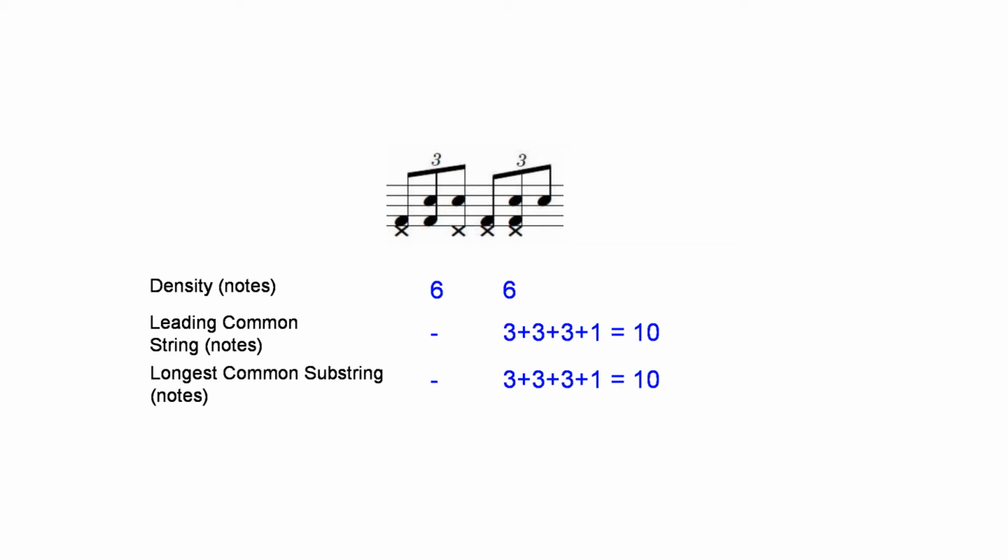Now, as I mentioned before, there are times when you get scores where the leading common string and the longest common substring are the same. And this is an example. As I write this piece of music, I want to preference patterns that have better leading common strings than longest common substrings.